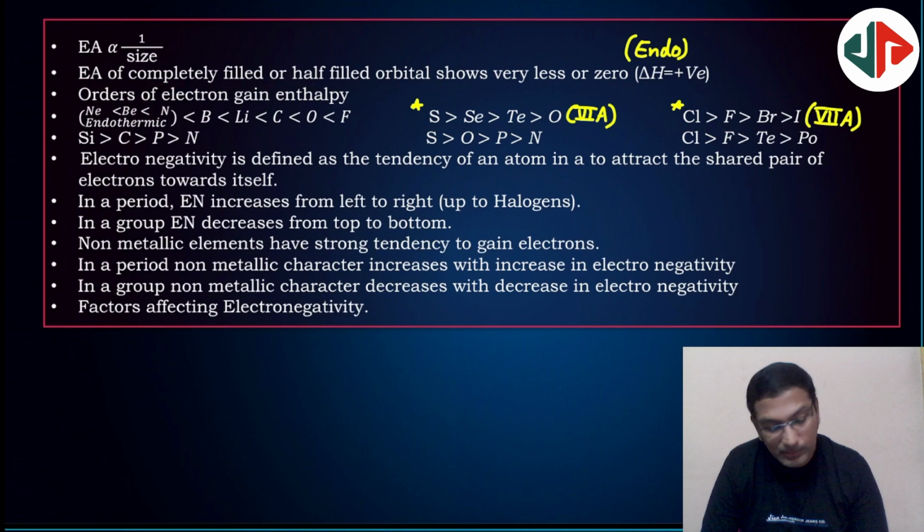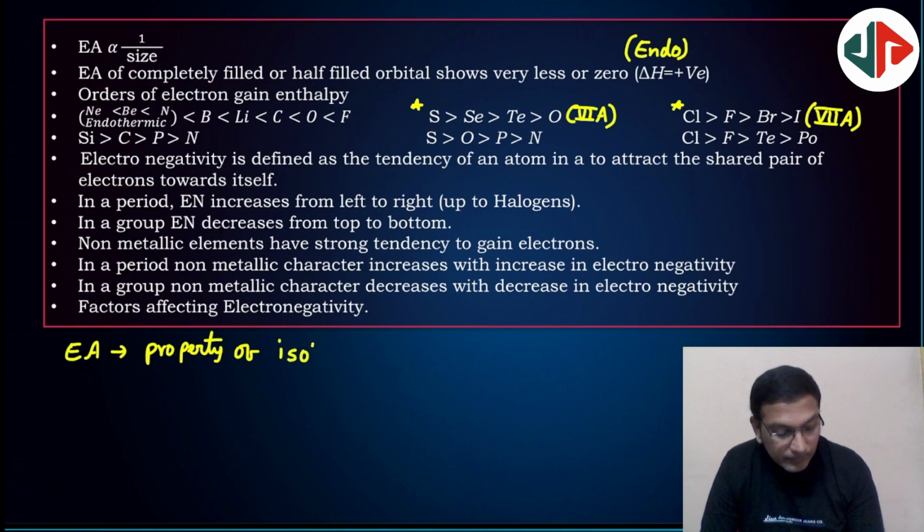Next, electronegativity is the tendency of an atom to attract the shared pair or bond pair of electrons towards itself. Simply, electron affinity is the property of an isolated atom.